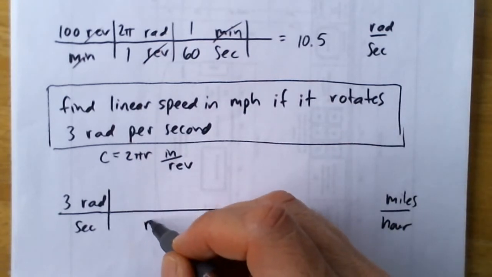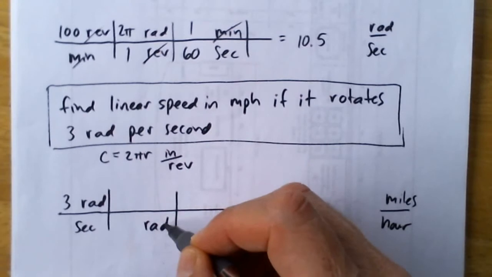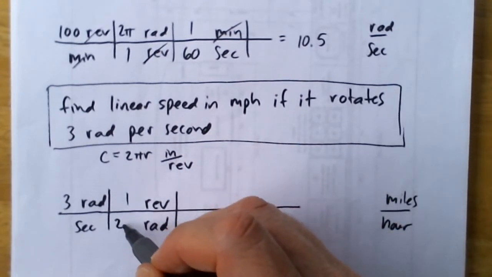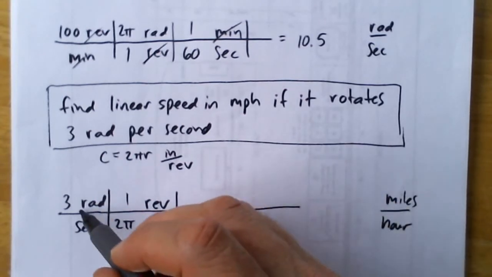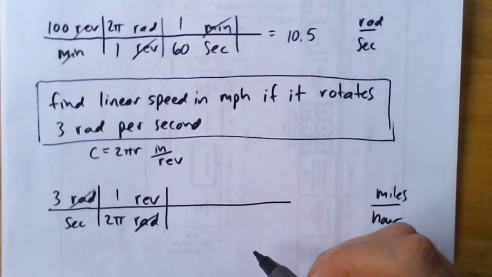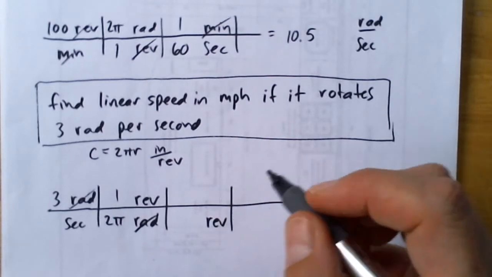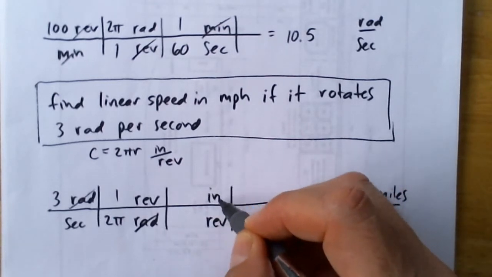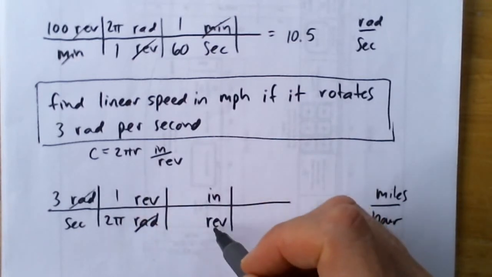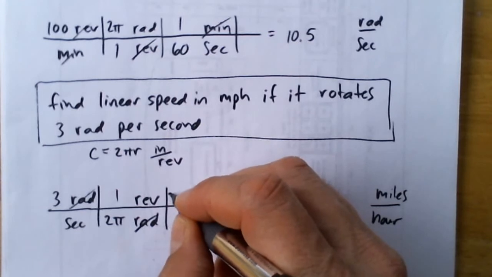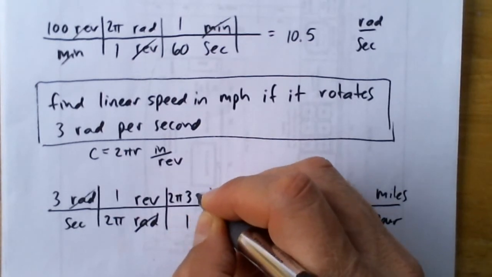Let's cancel radians, and we need to go to revolution. In 1 revolution, there are 2 pi radians. So now we've canceled radians. And then we're going to cancel revolution, and we know that there are 2 pi r inches per revolution. In 1 revolution, we have 2 pi 30.